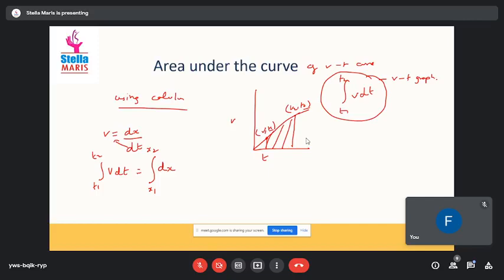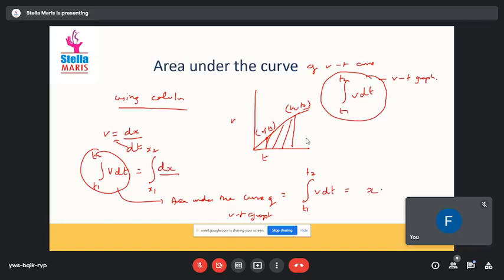We keep this as such because it is nothing but the area under the curve of the vt graph, the integral of v dt from t1 to t2. Here, when you integrate dx, it becomes x with the limits x1, x2.